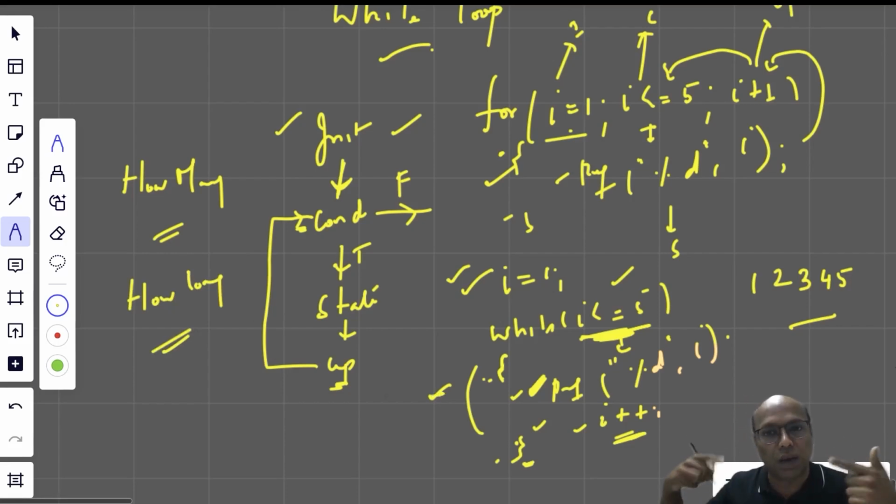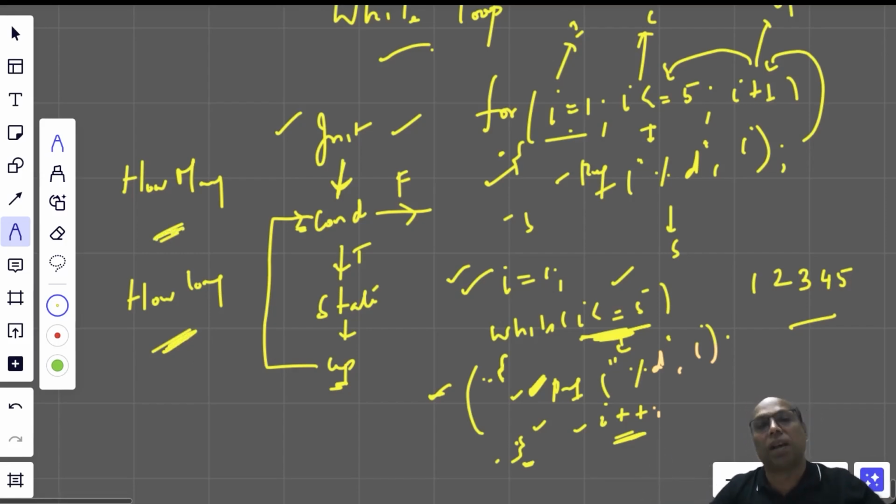Whenever you are solving a problem in your head, if this question arises, how long a statement needs to be repeated, in this case use a while loop. How many times needs to be executed, use a for.